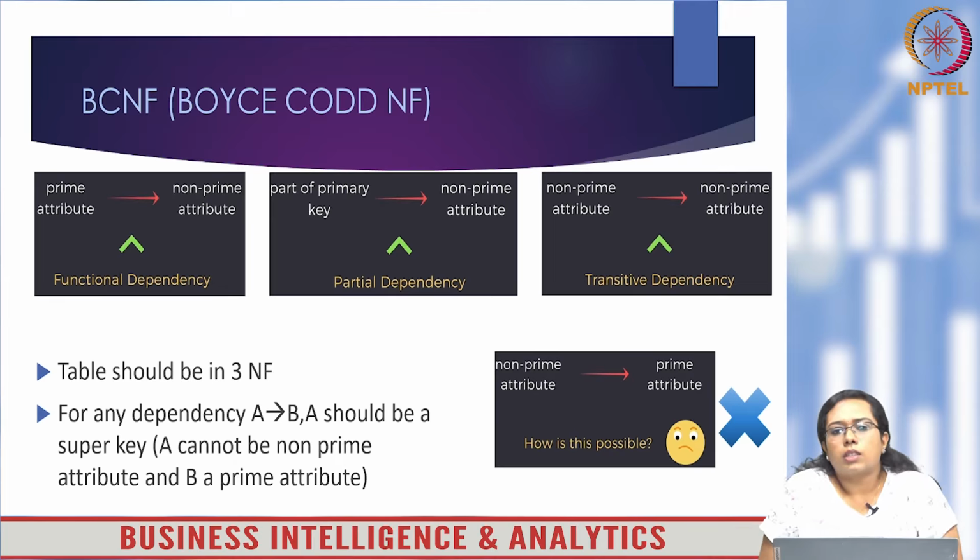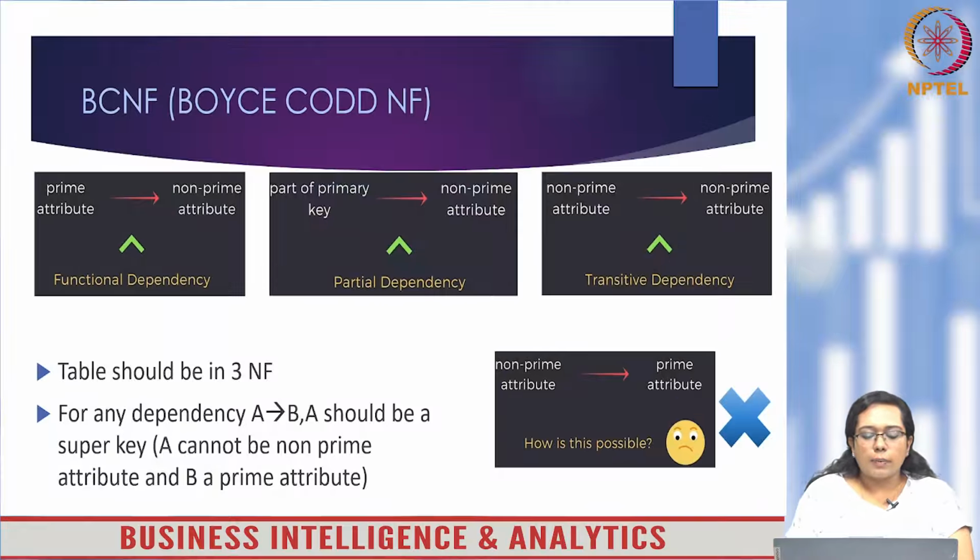So, what is Boyce-Codd normal form, or what is known as 3.5 NF? What are the criteria for that? Obviously, the first criterion is that the table should already be in 3 NF, right? And the next one is, for any dependency A derives B, A should be a super key. That is, A cannot be a non-prime attribute with B being a prime attribute.